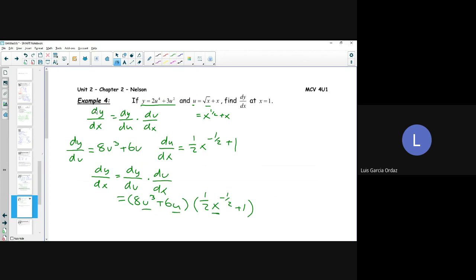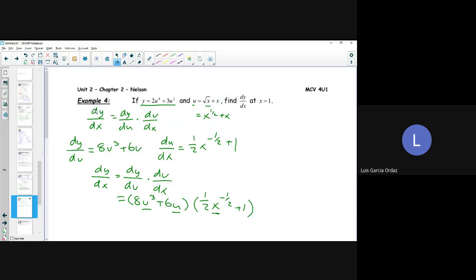However, we have u on both of these sides. So what do I substitute in for u? Can anyone give me a hint as to what we need to do? It has something to do with one of the functions that are given to us. So what do we have to do with that 1 and square root x plus x?